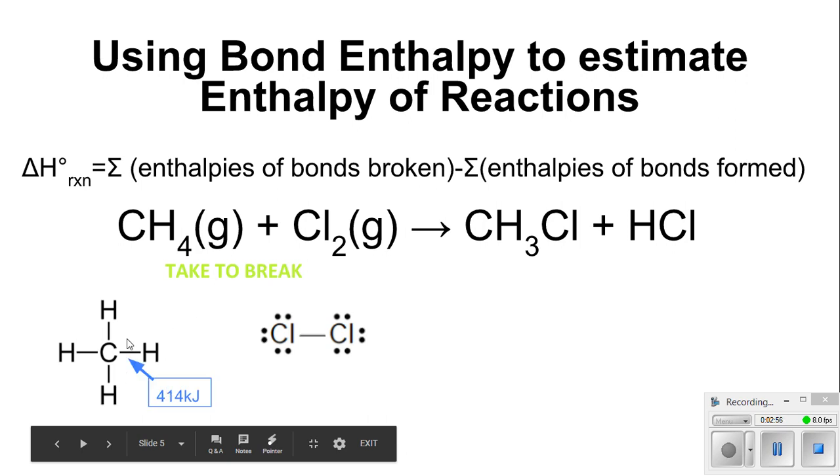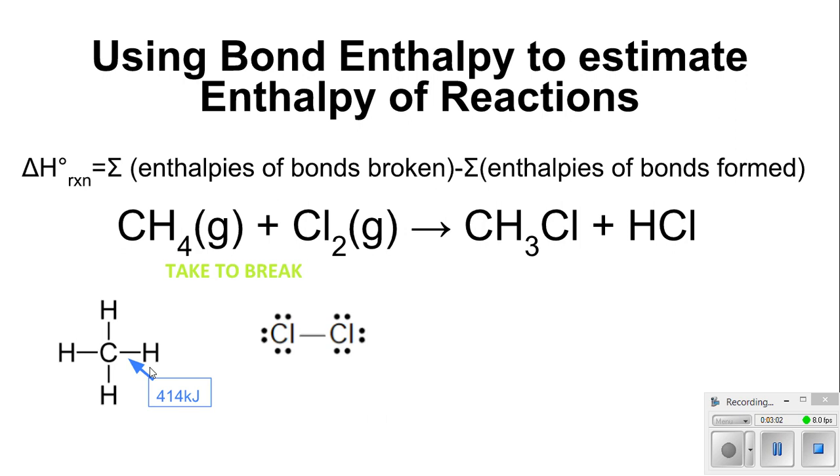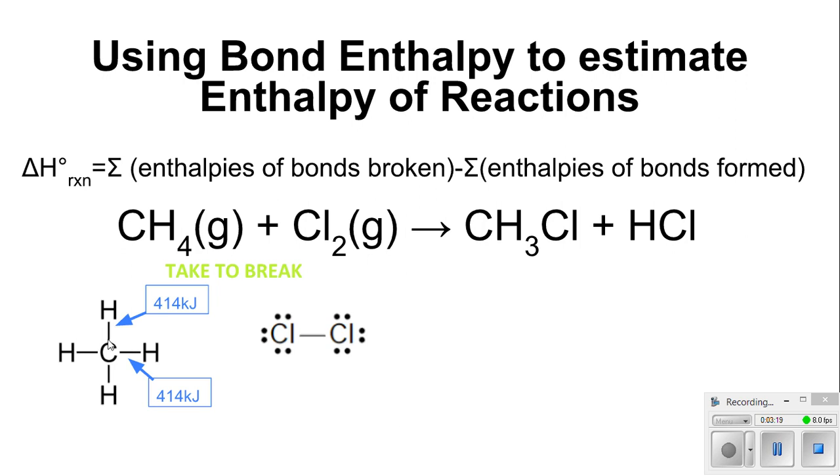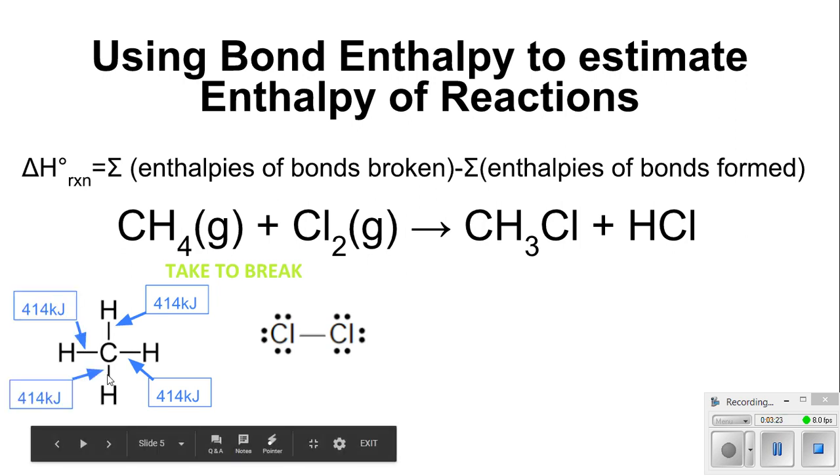I always point arrows in, showing that the energy is going in. And then there's a chart that you guys will be getting that will show the average bond enthalpies for different types of bonds. So a carbon-hydrogen bond has approximately 414 kilojoules per mole of energy needed to break this bond. But that is only for this one. So it's also 414 kilojoules to break this bond, and this bond, and this bond.